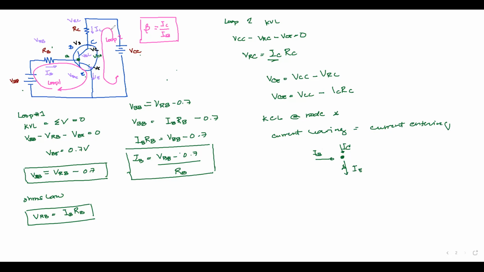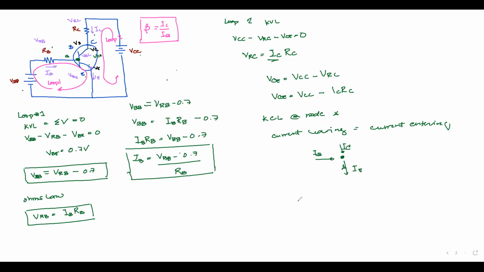Just follow the directions of your loop. Going into node A, what follows? I sub C, and also I sub B. All you have to do is follow the direction of your current. Who is going out of node A is your I sub E. So we have this one.